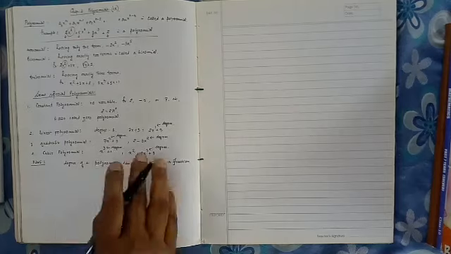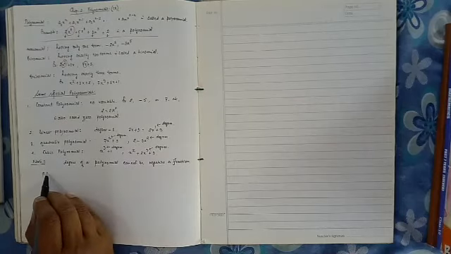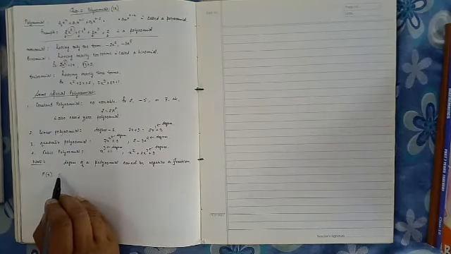Next, a polynomial is generally written with one variable. You see here all the polynomials, and a polynomial is denoted by p for polynomial, x for variable.